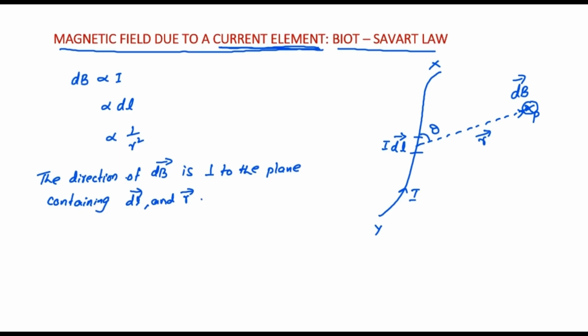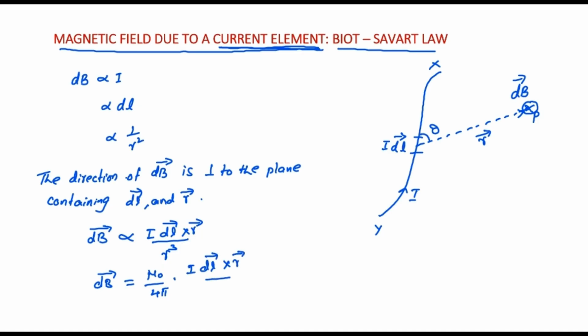So therefore finally we can write the vector form. dB bar is proportional to I dl bar cross r bar divided by r cube. We can also write dB bar is equal to mu naught by 4 pi, if you remove the proportionality sign, you can take a proportionality constant. Its value is mu naught by 4 pi, I dl bar cross r bar divided by r cube. It is the vector form of the magnetic field.